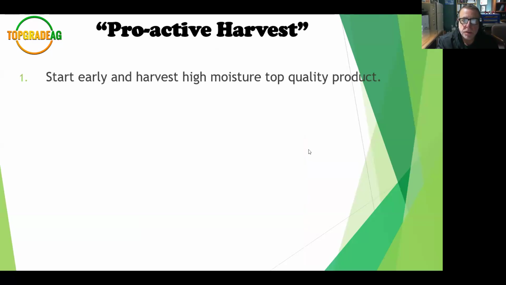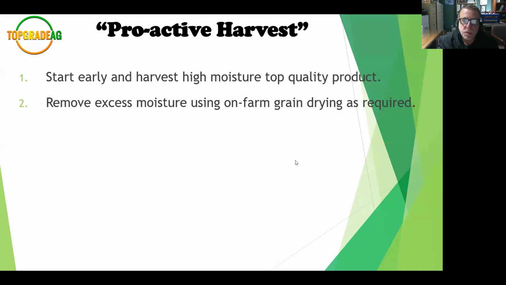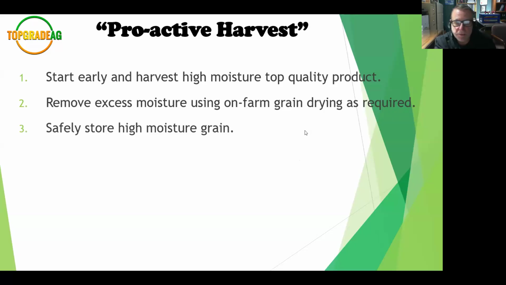The first is to start early and harvest high moisture, top quality product every year. To do that, you have to be able to remove excess moisture using on-farm grain drying, which facilitates starting early. And the third item is you have to be able to store high moisture grain.